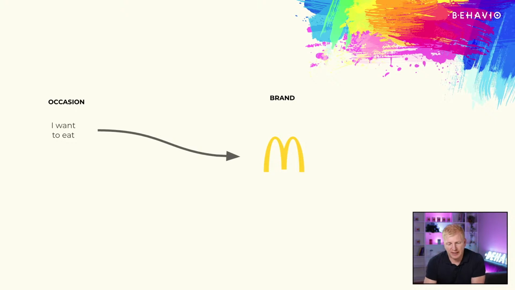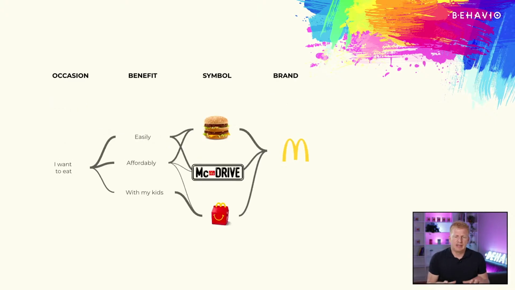It's called brand salience, and it correlates with market share because we usually choose the first brand that comes to our mind. It's a little bit more complicated if you look into it, and the path from occasion to the brand often has some other memory structures like benefits, so I want to eat easily, affordably.